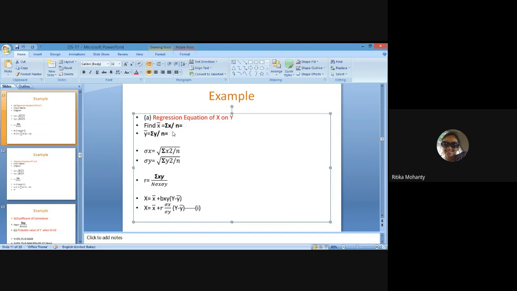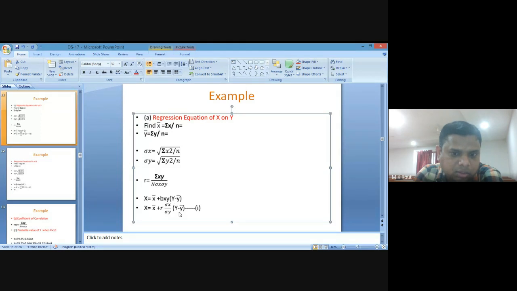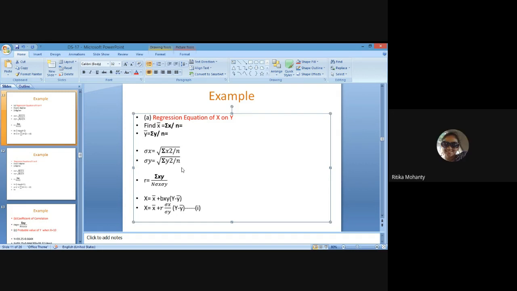Sir, put all the values in the equation. Yes. Sir, for y minus y bar, what will we take? Y only. You have to draw the equation of x on y, that means you have to calculate the y values. Yes, sir. Okay, in the next step you have to calculate the x. Sir, in the equation you have written r into sigma x by sigma y whole into y minus y bar.